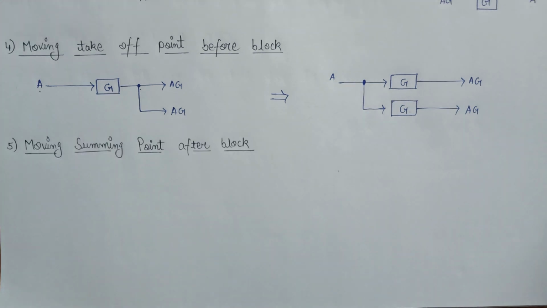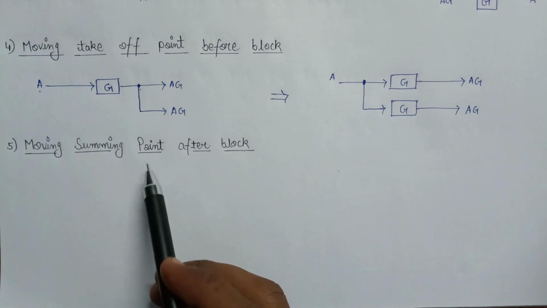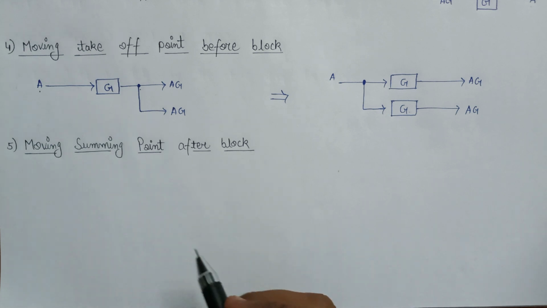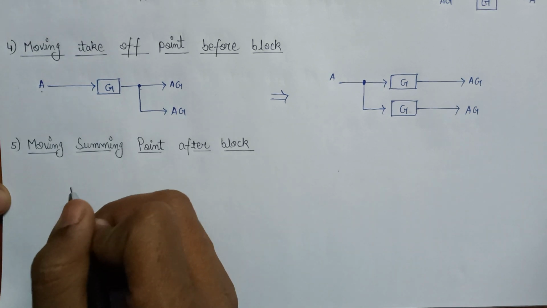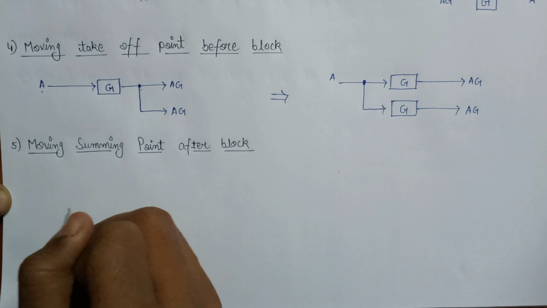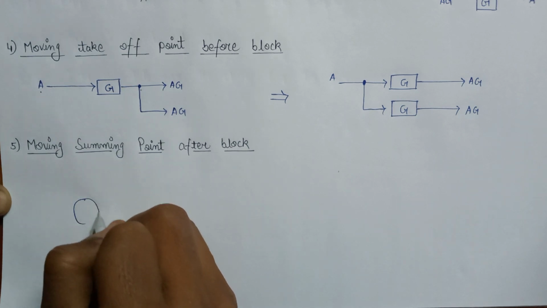Now, according to rule number 5, what will happen if we move the summing point after the block? Let us have a look at an example. Here is the summing point.